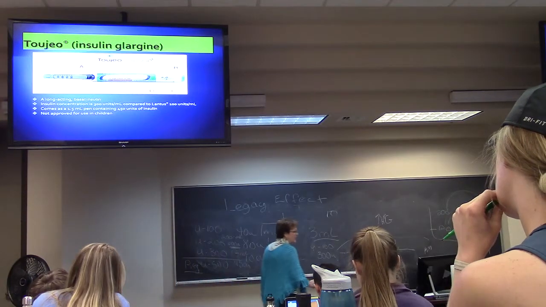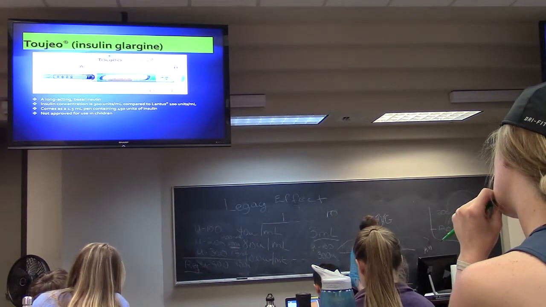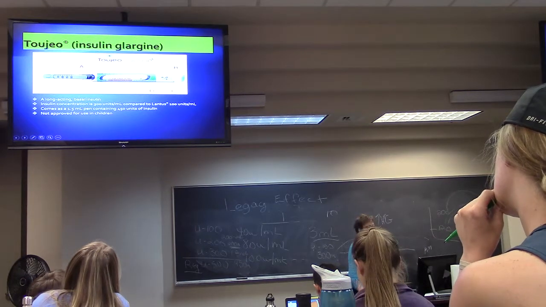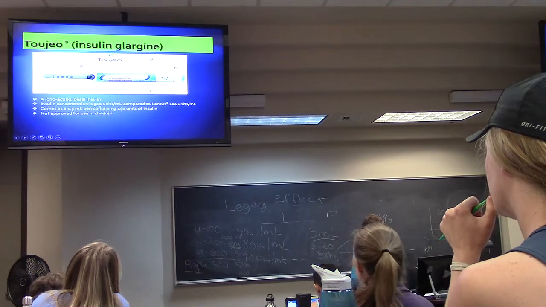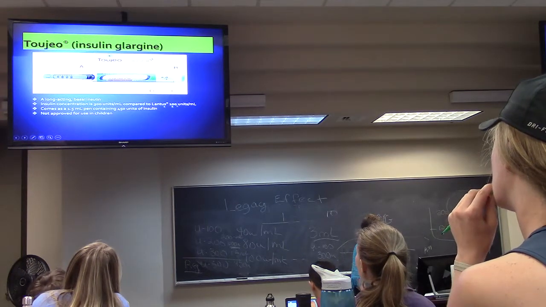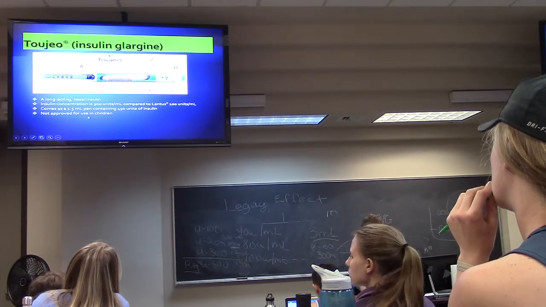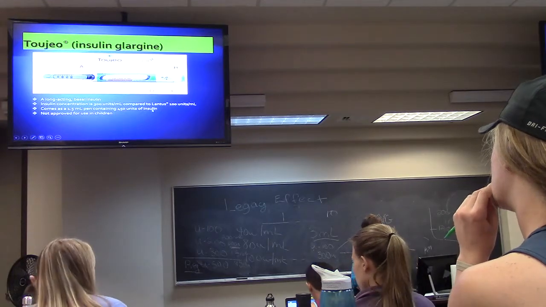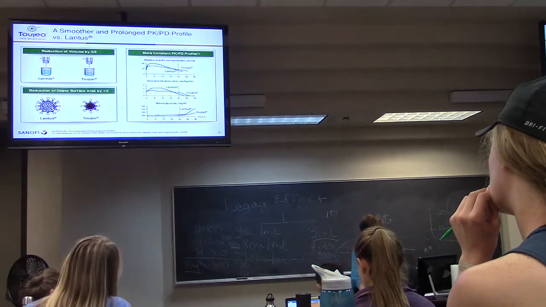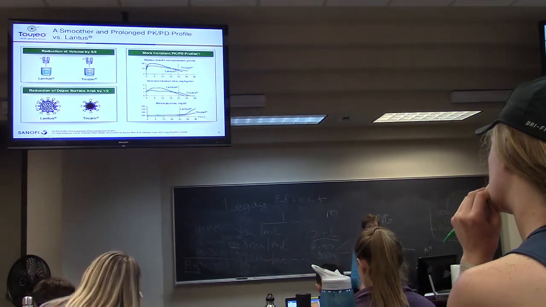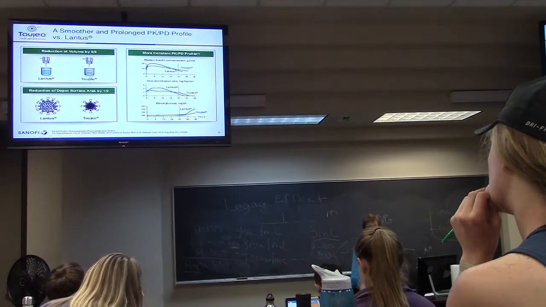So this is Toujeo. It was one of the first ones that came out that was a more concentrated insulin. It's glargine, so it's the same as Lantus, but it's concentrated to 300 units per 1.5 mL, and so it has 450 units of insulin in it. Just approved for adults. So you can see the volume difference in Lantus versus the Toujeo.